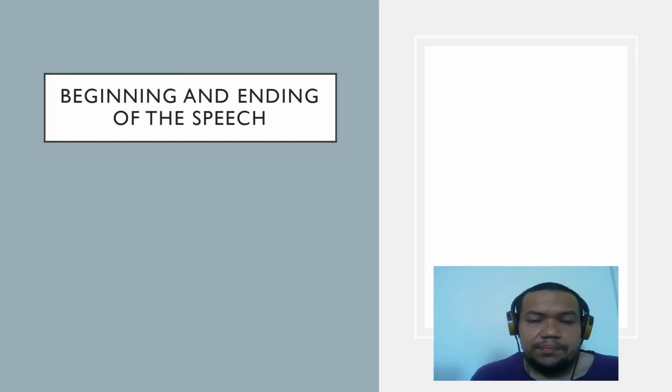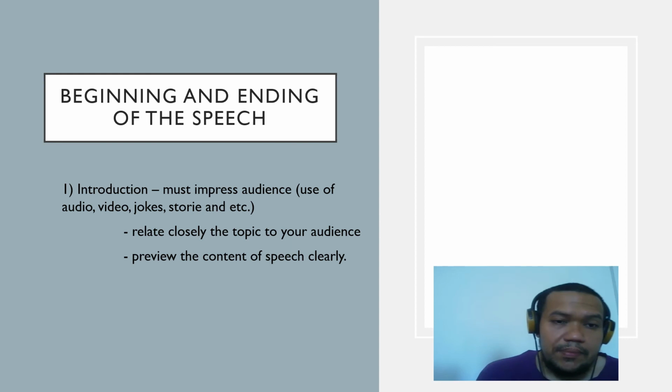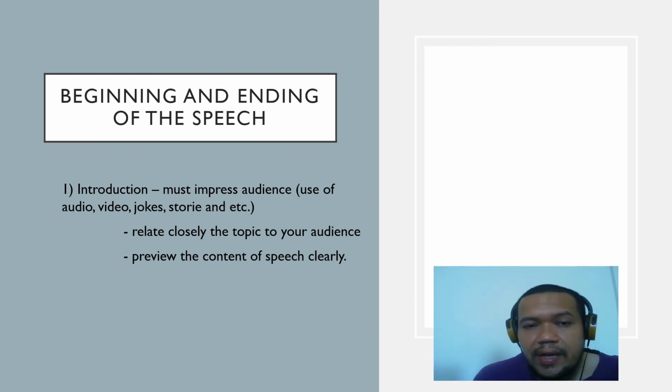Okay, two important parts, the first and the last part of a speech, we call them the beginning and ending, or introduction and ending. First is the introduction. The introduction functions to attract or impress the audience, when you use audio, video, stories, jokes, or a list of history, etc. Make sure your introduction relates closely to the topic and to your audience.